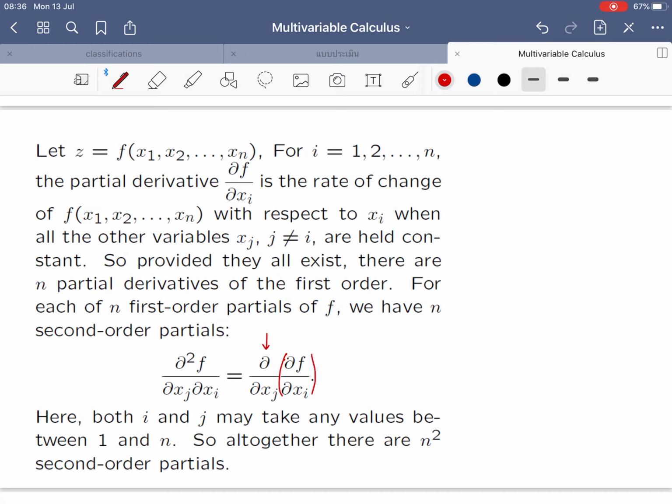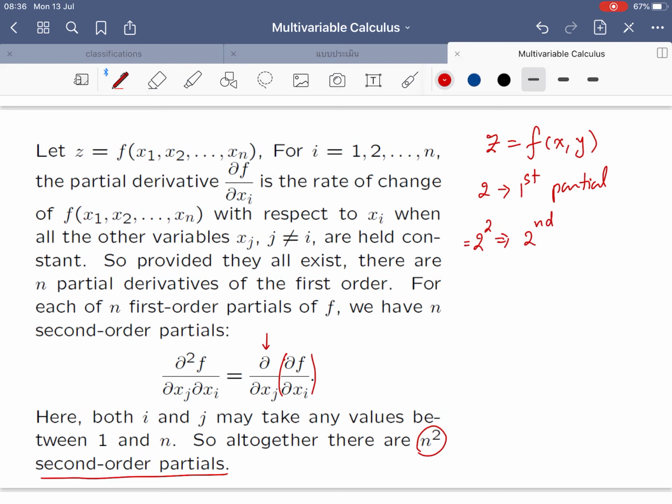So together we are going to have n squared second-order partial derivatives. For example, if you start with a function of two variables x and y, you get 2 first-order partial derivatives, and then 2 squared second-order ones, which is 4. Remember what we just did with partial derivatives.